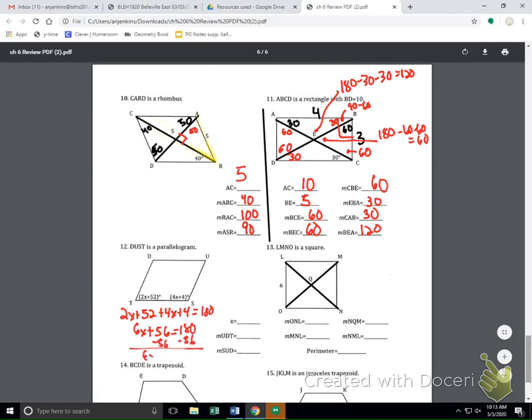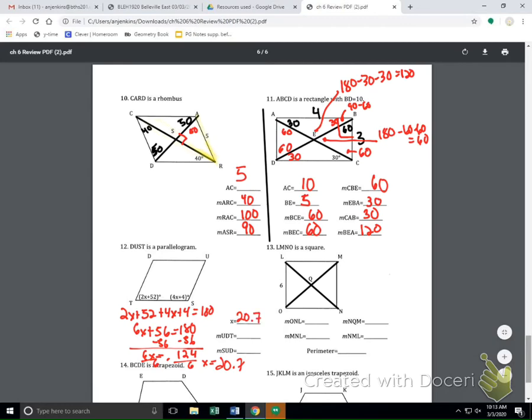We get 6x equals 124. Double check my math. Divided by 6. X equals, I have a decimal. I did something wrong. 20.7. Okay, so we're going to put 20.7 in here.